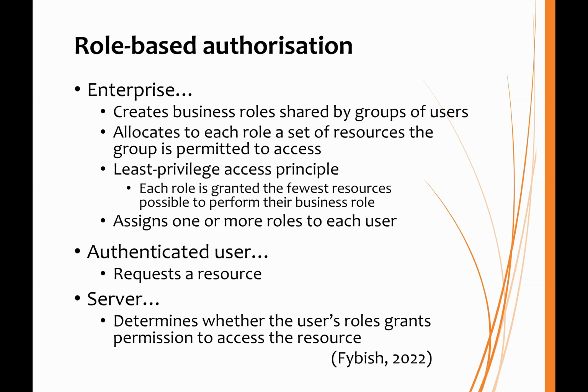So when a user is authenticated, the server is able to identify the role of that user because that role is stored with the user record. And then the server can grant access to certain resources within the enterprise based upon that authenticated user's roles.